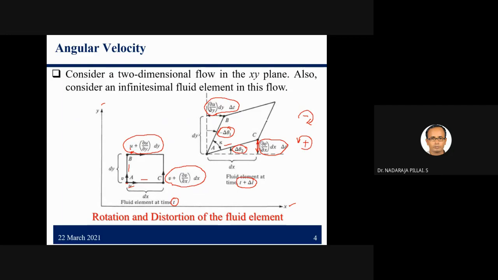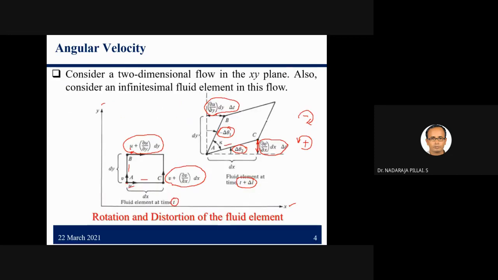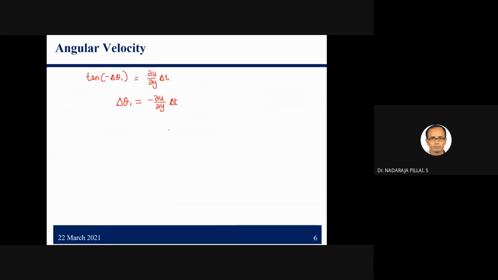Then I will write directly, say let us write tan minus del theta 1, right? So that can be dou u by dou y into del t. So we can write del theta 1 is equal to minus dou u by dou y into del t. That is already shown here. Dou u by dou y into dy, right. Similarly, okay.